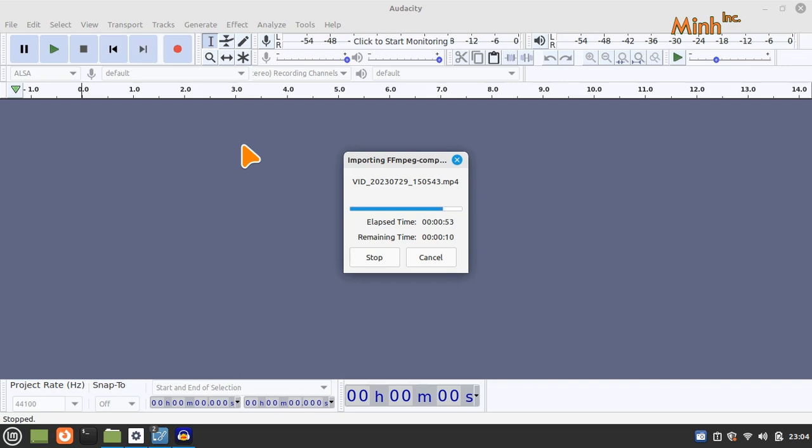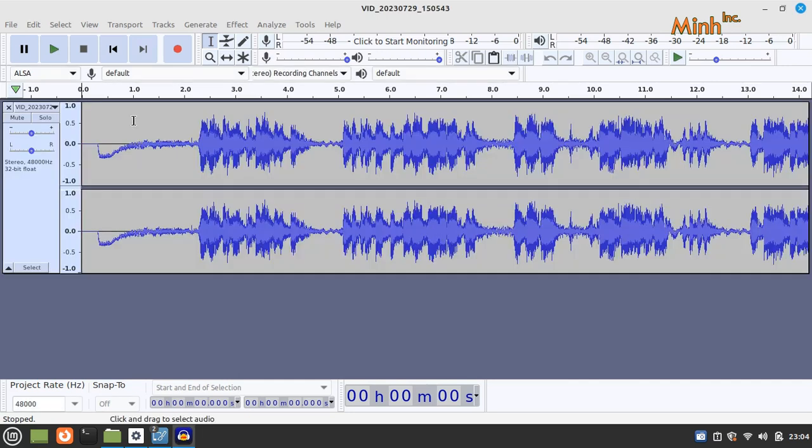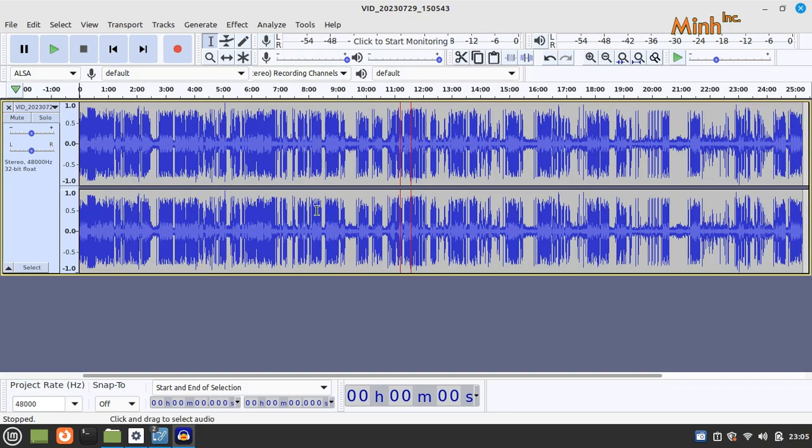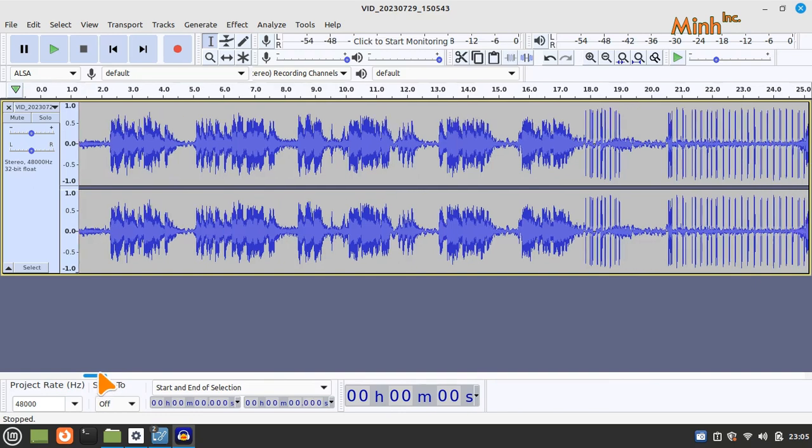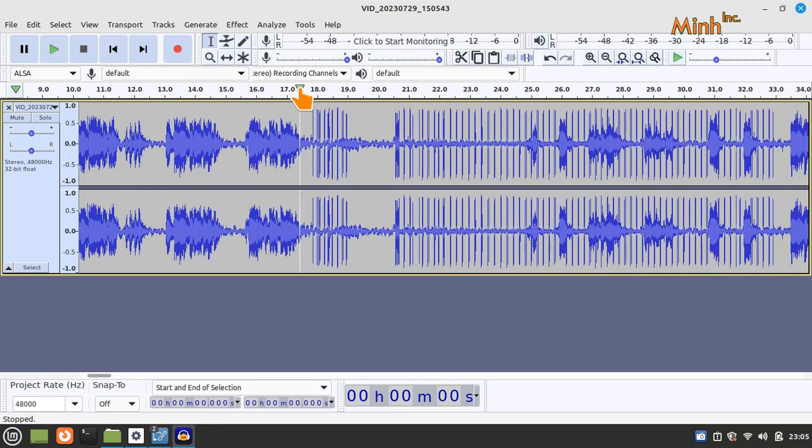Okay, so it is almost done. So we can see the spikes when it oscillates. When it oscillates, there is a spike.